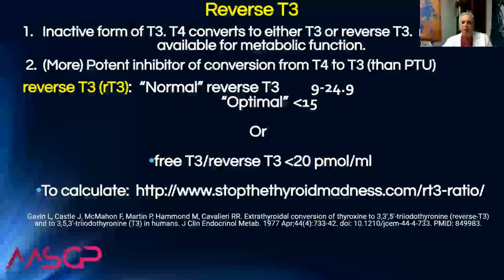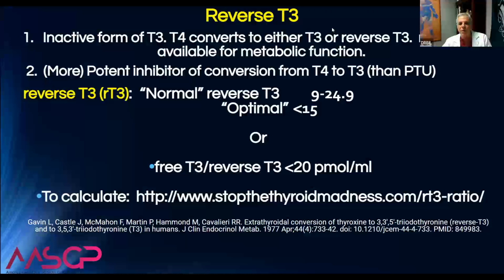Reverse T3, we mentioned that before, is an inactive form of T3. T4, remember, converts to either T3 or reverse T3. Reverse T3 is not functional. It's a potent inhibitor of the conversion of T4 to T3.